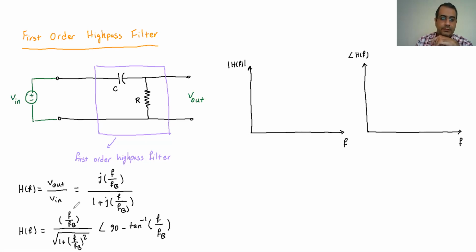So the first graph shows this part, and the second graph shows this part, and then I go ahead and plot them. It's a high pass filter, so it's supposed to reject the lower frequency and let the higher frequency pass through. If I go ahead and draw that, it looks something like this.